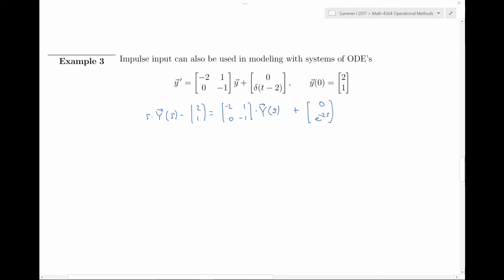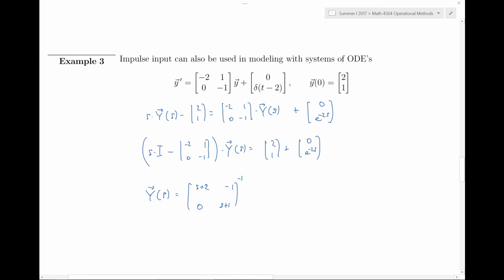Hence we have the following. This matrix times y of s should be equal to 1 plus 0 e to the minus 2s. Solving for y of s gives us the inverse of this matrix, which I'm going to simplify into s plus 2, minus 1, 0, and s plus 1.